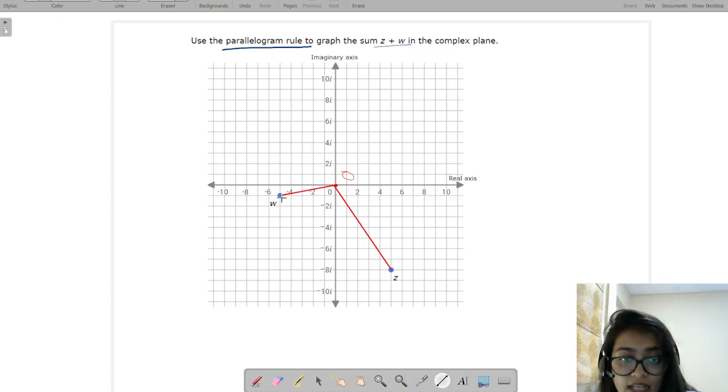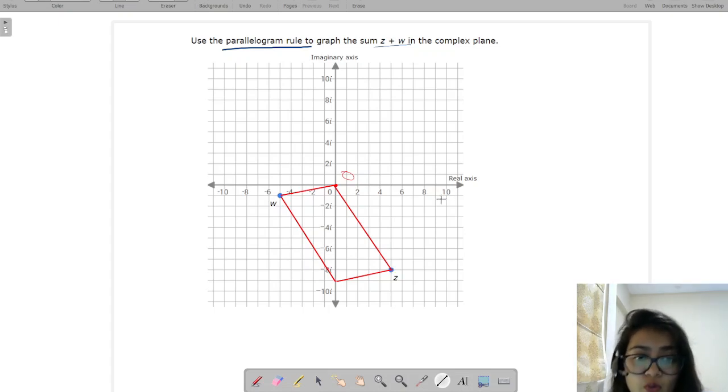So what I'm gonna do is complete this parallelogram, and then draw the next line like this.